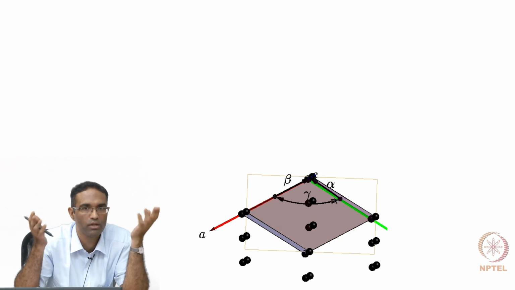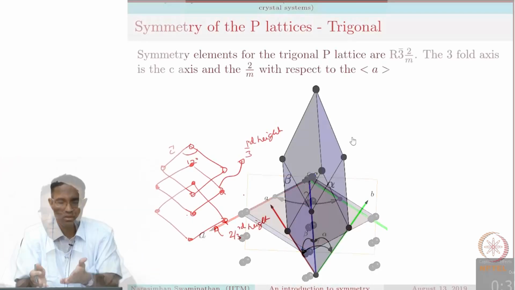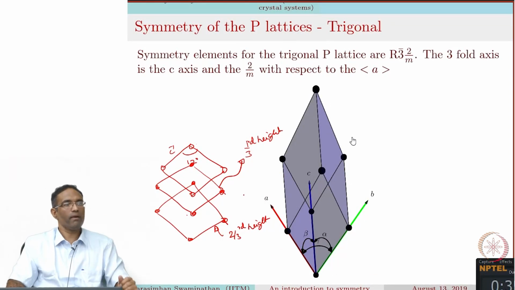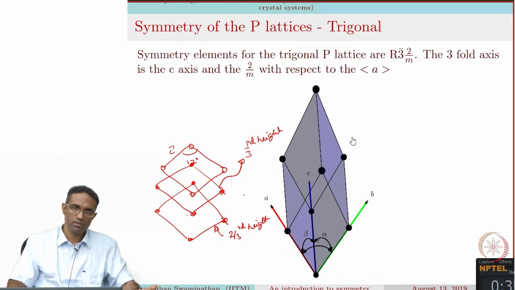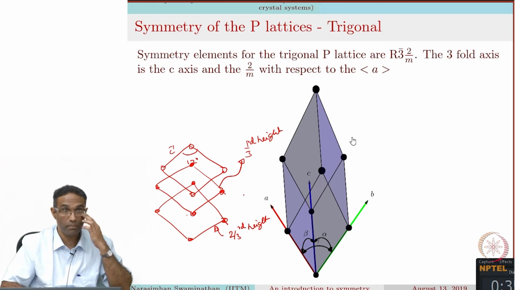Otherwise, you can also use the cell where A equals B equals C and alpha equals beta equals gamma, not equal to 90 degrees, to generate the trigonal unit cell.